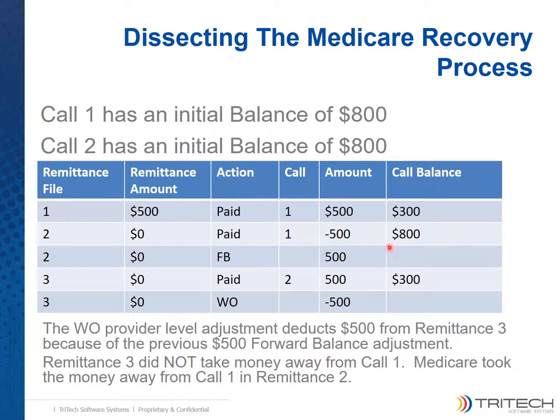At that point you could consider it they gave you a forward balance loan of $500 to hang on to until they owed you money in the future, which they did when they paid you $500 on call 2, but they paid you that out of the forward balance of $500 that you had gotten through the transactions in remittance number 2.